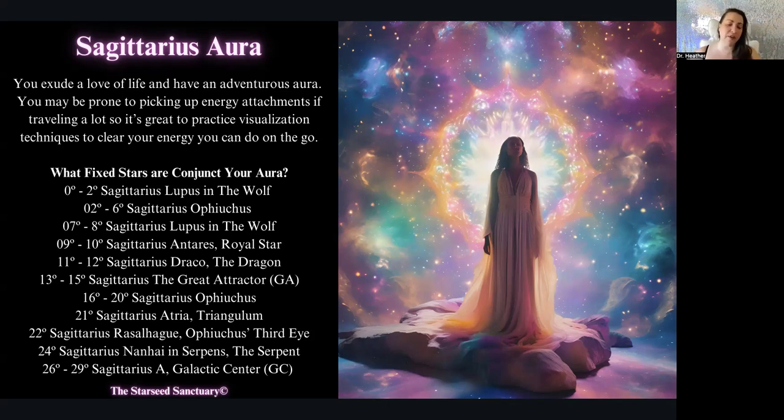And then roughly 25 to 29 degrees of Sagittarius will be the galactic center, the Milky Way's black hole. So Sagittarius auras definitely are going to have a lot of magnetism to them, but in a very different, I want to say slightly more healing, lighter way than like a Scorpio aura or a Libra aura.